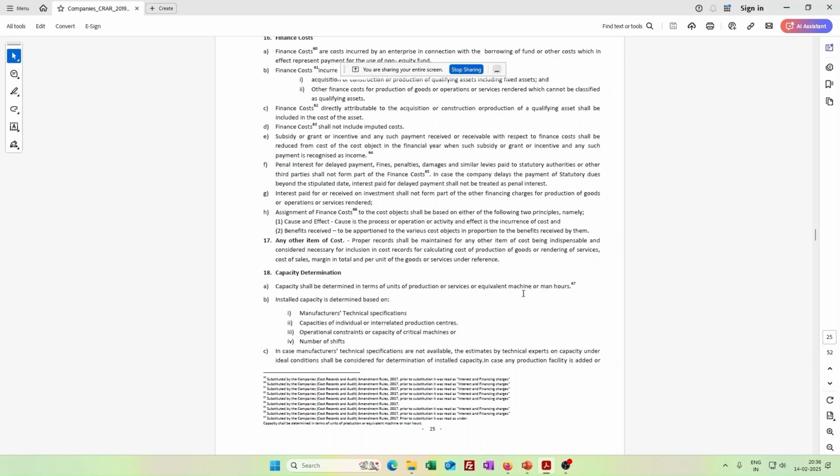But if the capacity of the plant deteriorates because of non-functioning of a particular portion of the plant, the capacity will change. So each and every year capacity may change, may not change. That is completely a technical matter, and we finance people, as auditors, have to accept the technical data produced before us for capacity determination.